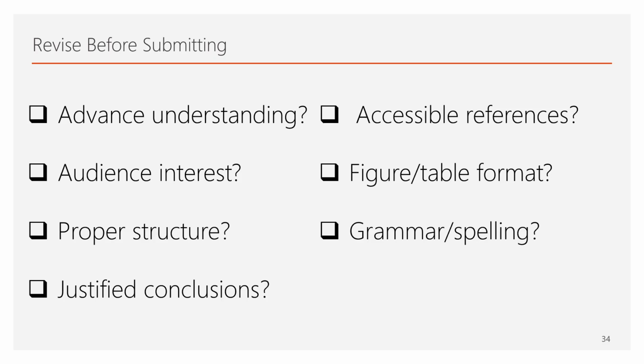Before submitting, you should answer these questions: whether your research article is leading to the advancement of science, whether the audience is interested in your research article, whether it is properly structured, whether you have justified the conclusions, whether you have accessible references, whether the figures and tables are formatted as per the journal style, and whether the article is free of grammar and spelling errors. So there should be no grammatical or typographical mistakes.